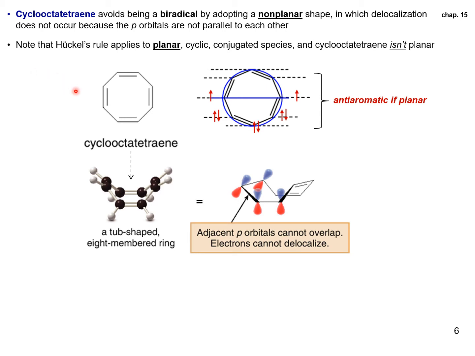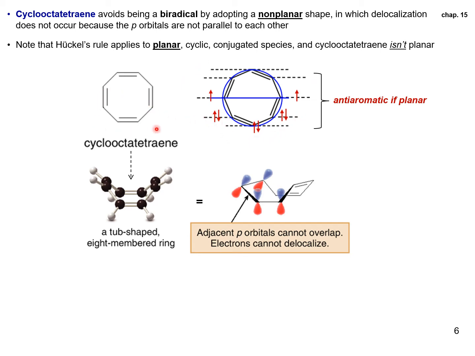And molecules like cyclooctatetraene, which are cyclic, conjugated, and have 4n electrons, will choose to adopt a non-planar conformation, rather than a planar conformation, because the planar conformation would give them all 4 characteristics that are required to make it anti-aromatic.